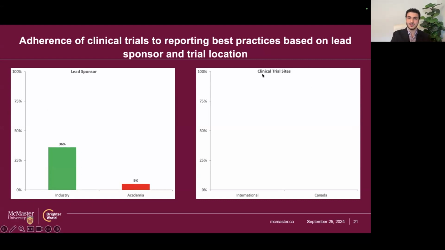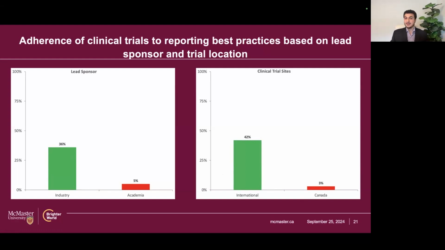When it comes to the clinical trial site on the right-hand side, we divided them by international, meaning at least one Canadian site where participants were recruited, and Canada only, so research that was exclusively conducted in Canada. For international trials, roughly 42% of those identified trials were adhering to all three best practices. In comparison, only 3% of trials exclusively completed in Canada adhere to all three best practices.